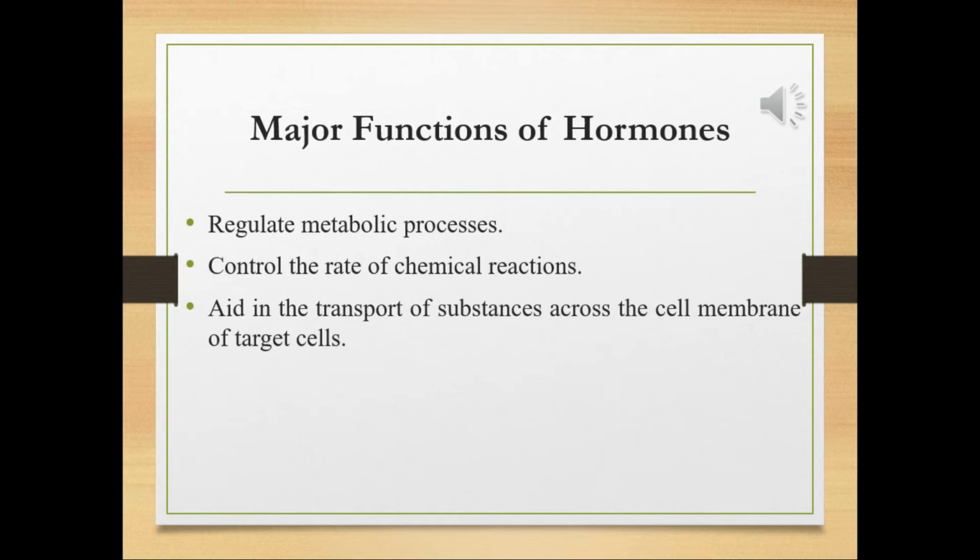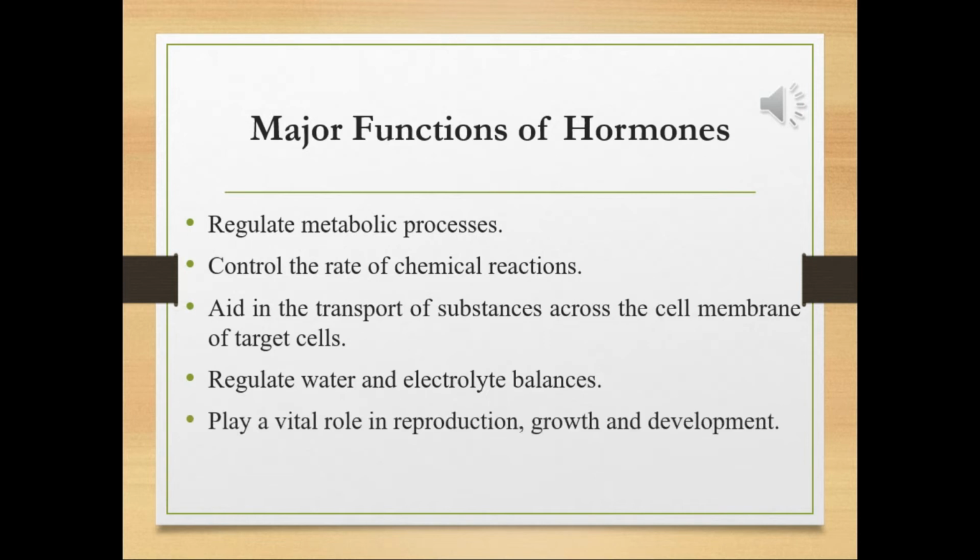So we can say that hormones aid in the transport of substances across the cell membrane of their target cells, and examples are insulin and glucagon. They also regulate water and electrolyte balance. For example, we talk about antidiuretic hormones, calcitonin and aldosterones. We will discuss in detail their function in the next lecture.